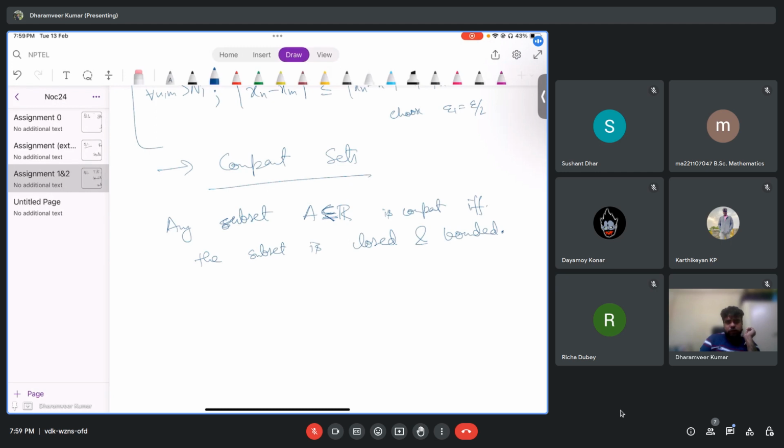Do you understand what bounded means? Simple. Can you tell me if this is compact?